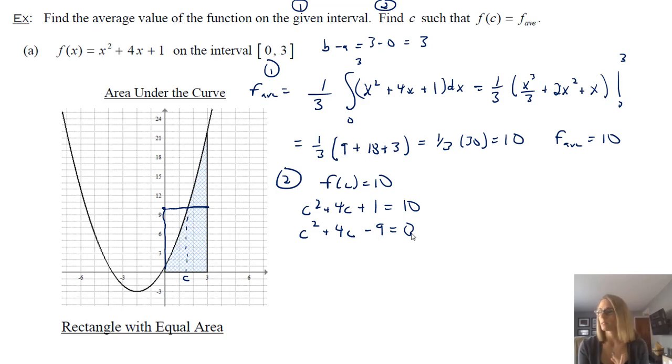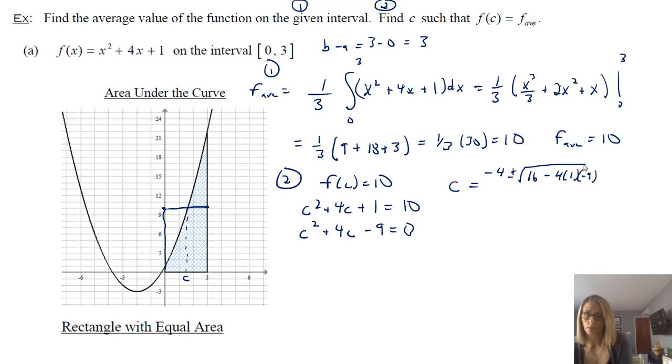Because it's quadratic, the easiest thing is the quadratic formula. So take yourself back to your algebra days. The solutions to a quadratic equation use the coefficients of the different variables: negative b plus or minus the square root of b squared minus 4ac, all over 2a.